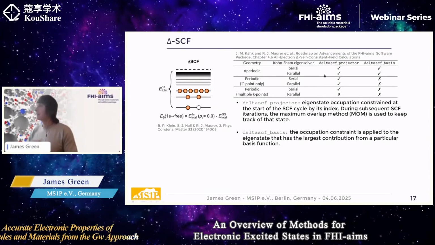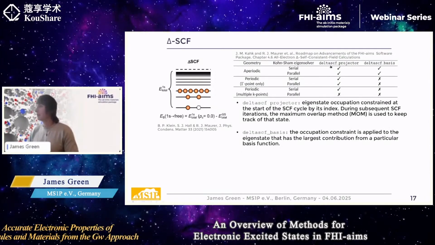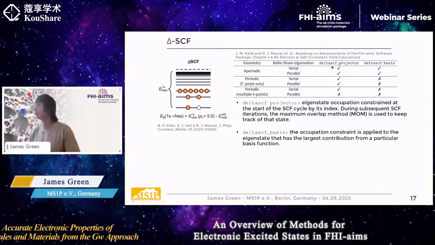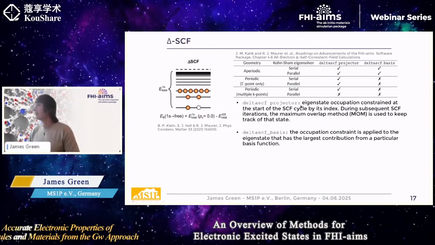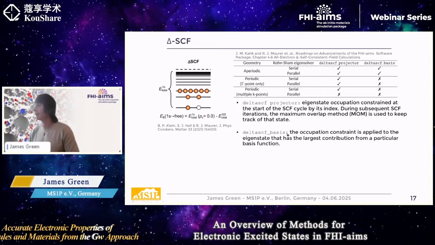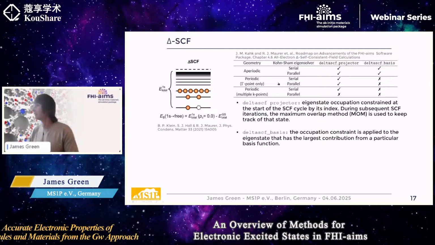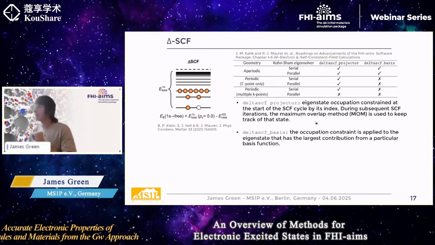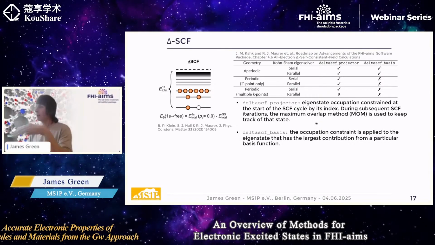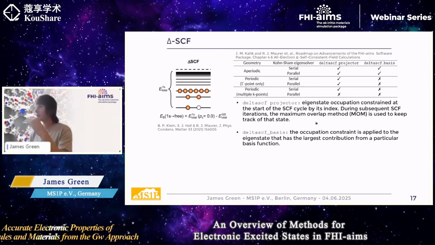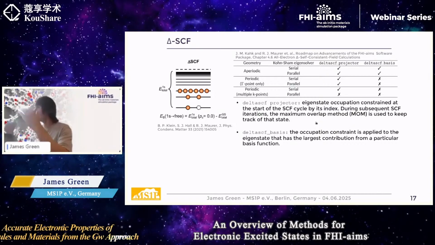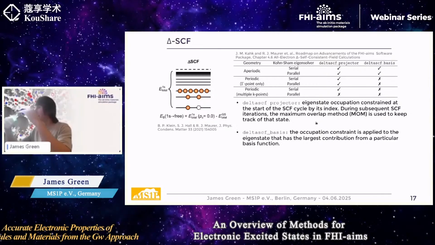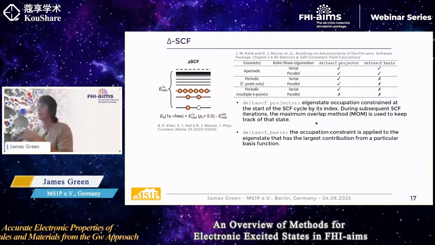And this table here shows the keywords that are responsible for this in FHI-aims. So there are actually two different choices you can make, either the delta SCF projector or delta SCF basis. And this table shows the availability of the two keywords. In delta SCF projector, you at the first SCF step constrain an eigenstate to have a particular occupation, and thereafter the same eigenstate is kept with the same occupation.